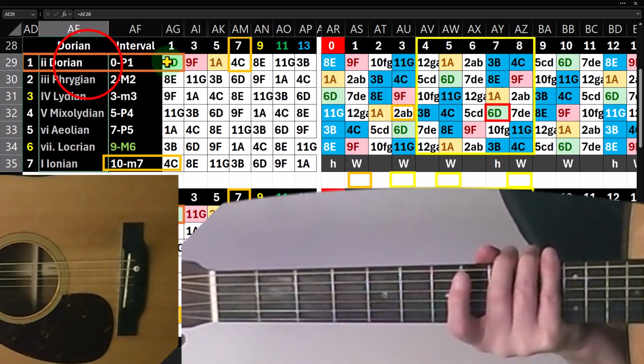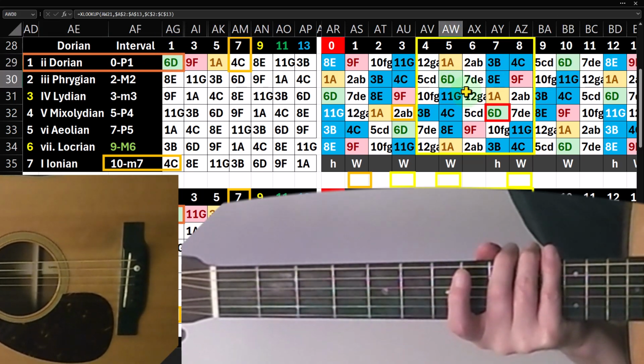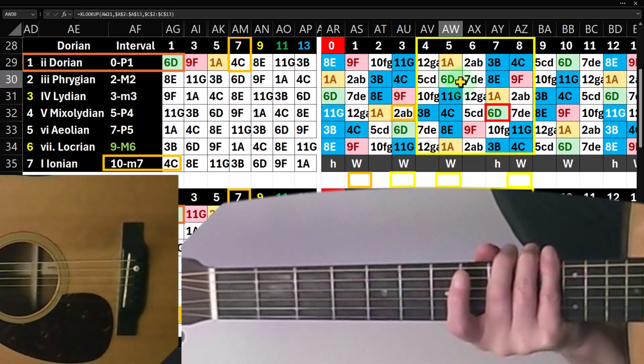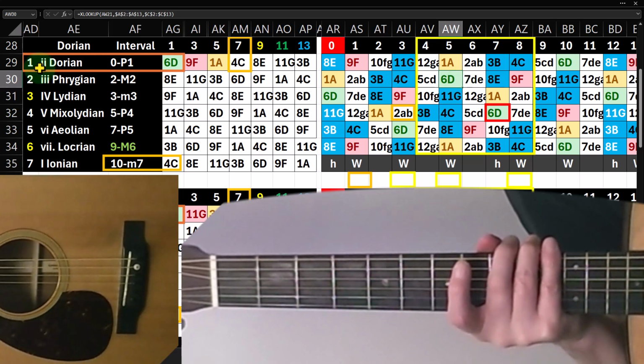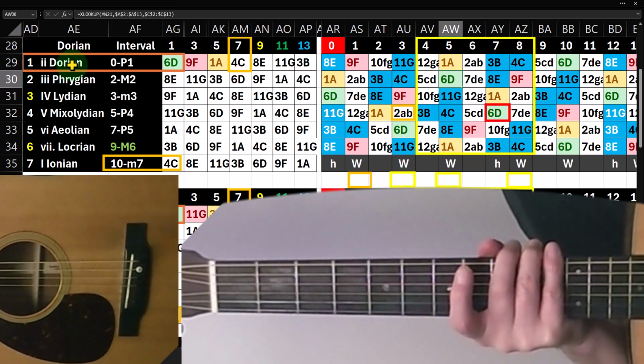So in other words, although this D is the Dorian, and it's this same D, it's in the same position on the guitar because we're still playing the same notes, right? It's just that now we call it the first of the Dorian, but I still want to call it absolute mode number 2.